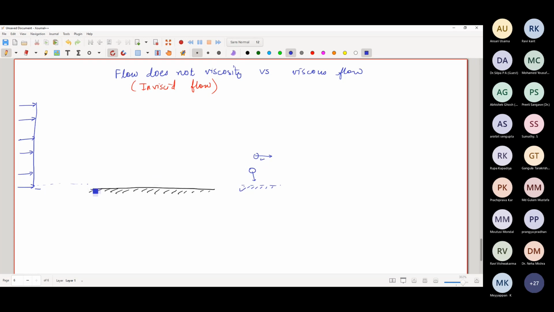The molecule which is directly at the wall will stick at the wall, but the intermediate molecule will see that there is some loss of momentum because of the stationary wall. So this velocity will be lower. Similarly, this molecule will see a lower velocity and somewhat higher velocity.